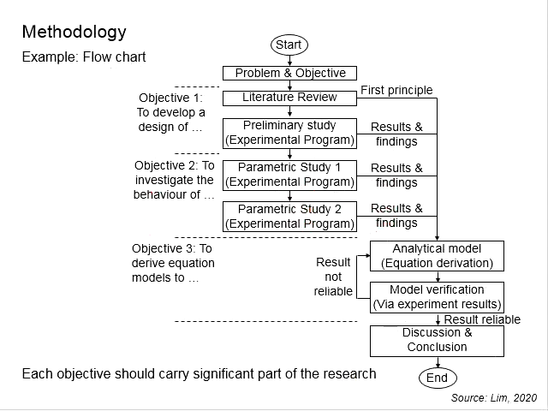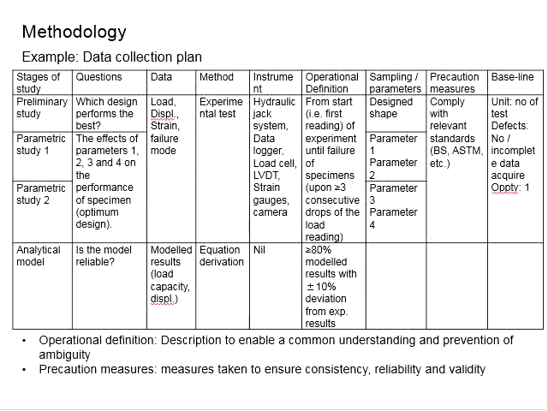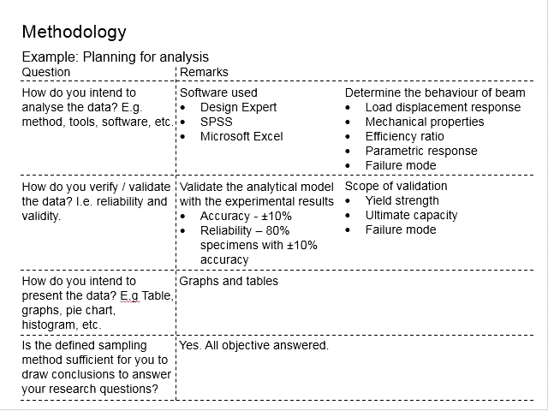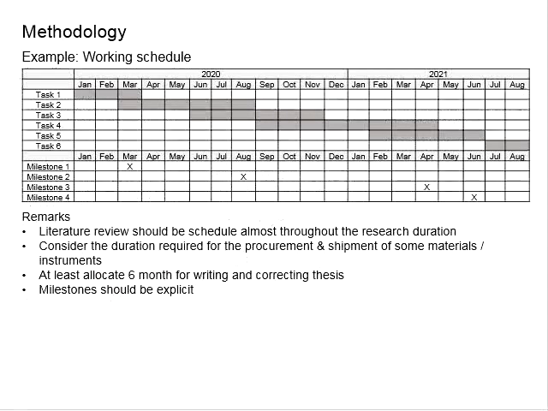Then you need to have an idea in terms of the stages of the research, and you will need to refine your planning to the data collection plan for the variables and have ideas on how you're going to deal with the analysis. You should also plan for your work schedule. It is so that you can accomplish your research within the stipulated durations for your postgraduate study.